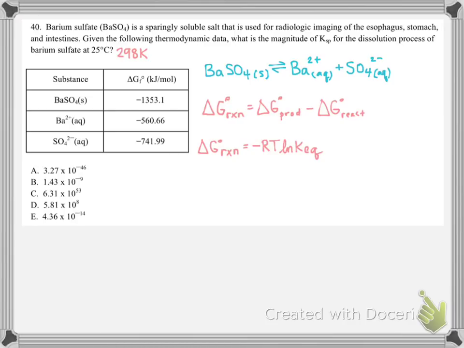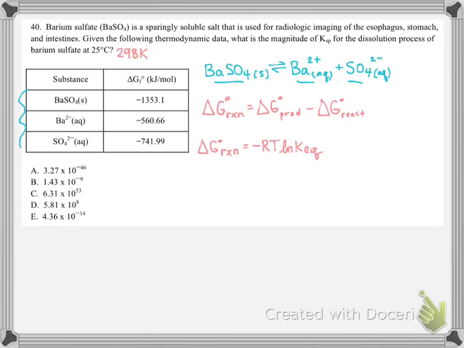Okay, for number 40, they want us to figure out what the KSP for barium sulfate is given these individual delta G's of formation. So whenever we're doing a KSP problem, we're always starting with our solid and breaking up into ions. That's always the reaction we write.